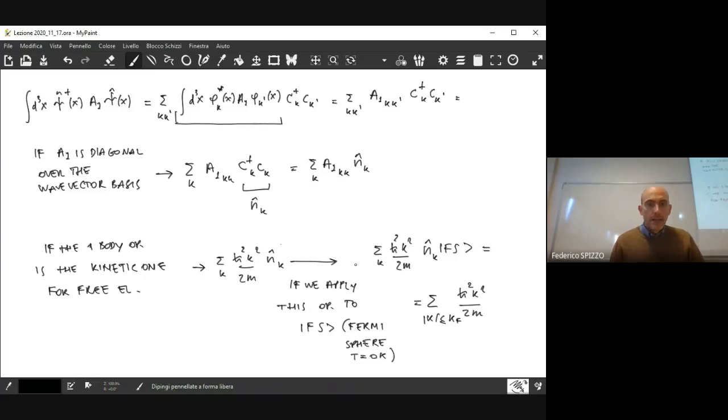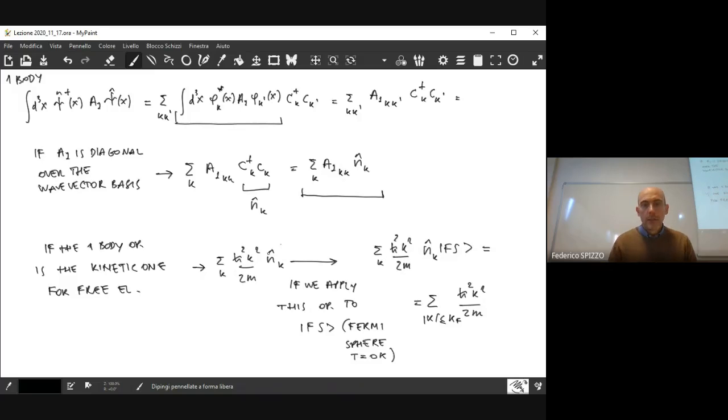So the idea is, in this way, we have started with a general expression for a one-body operator, and we end up with an operator. Just to make an example, we substituted this arbitrary one-body operator with the kinetic one.